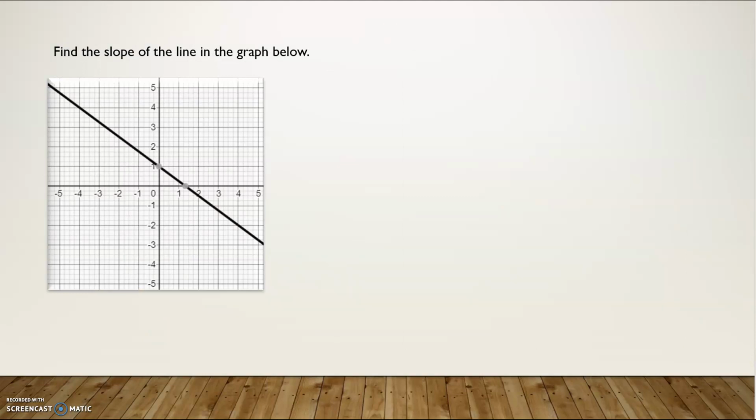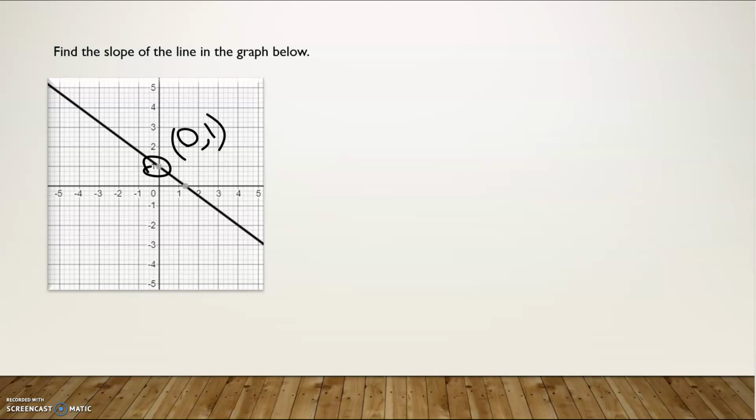So number 1, I'm going to get the y-intercept, which is right here. Looks like that is (1, 0). Or sorry, (0, 1). And then I'm going to get another point that's easy to locate.